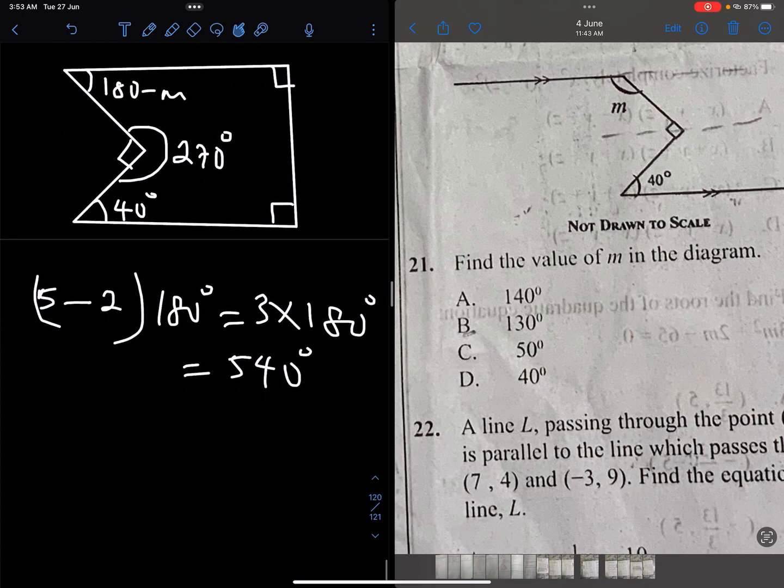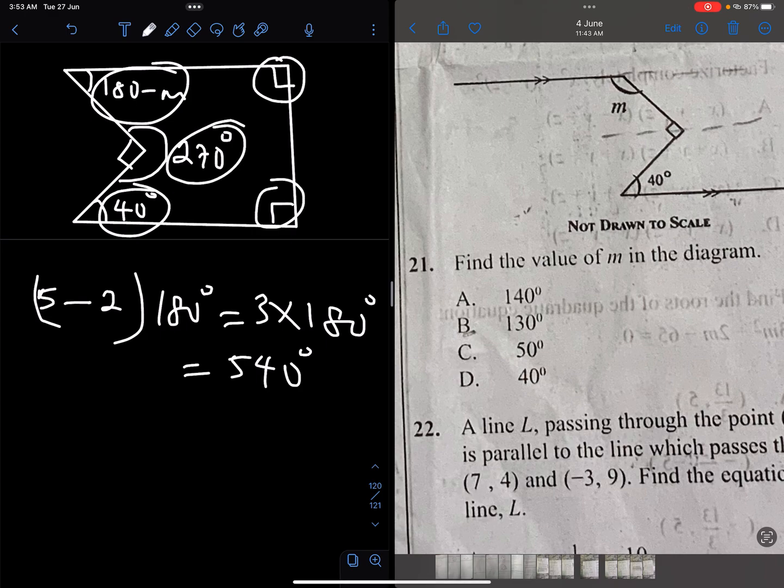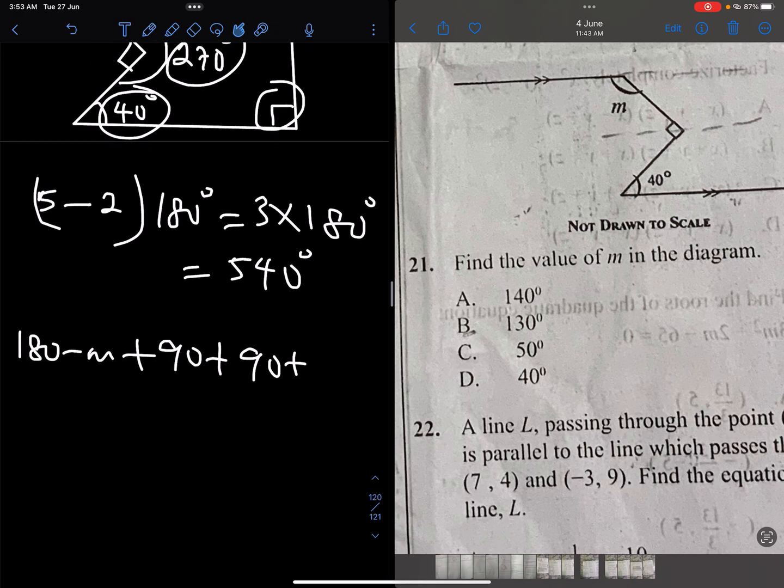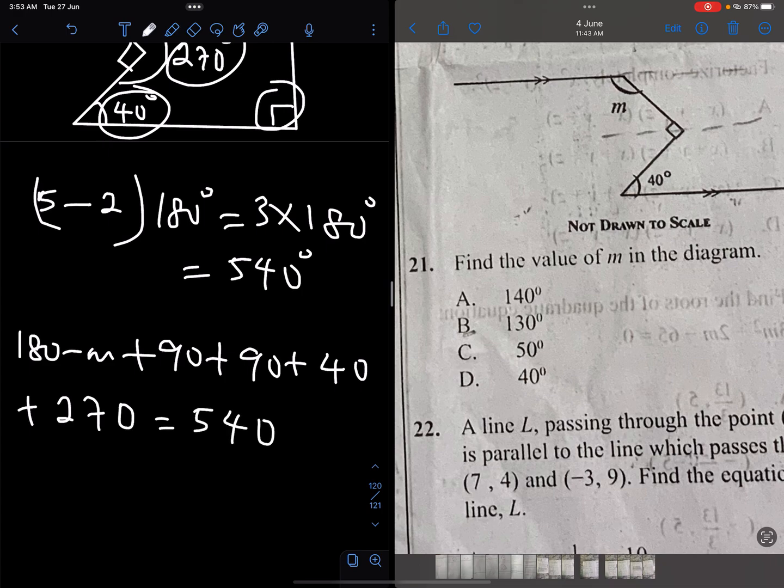So this simply means this angle 180 minus M plus 90 plus 90 plus 40 plus 270 is 540 degrees. 180 minus M plus 90 plus 90 plus 40 plus 270 equals 540.